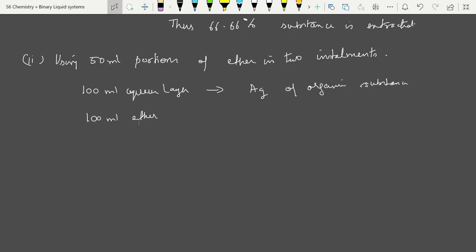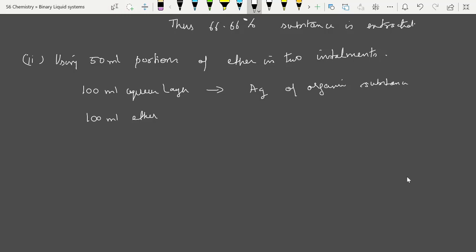First, you have used 50 ml of ether and carried out the extraction and separated it out. Then the remaining 50 ml of ether is added to the aqueous layer and again carried out the process of separation. This time we can see what is the percentage of substance extracted.